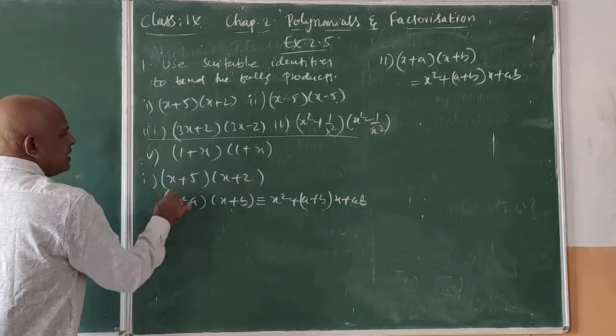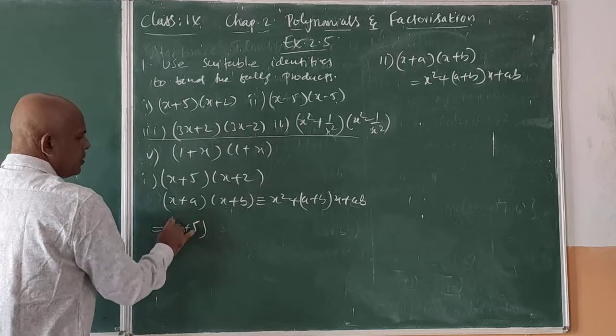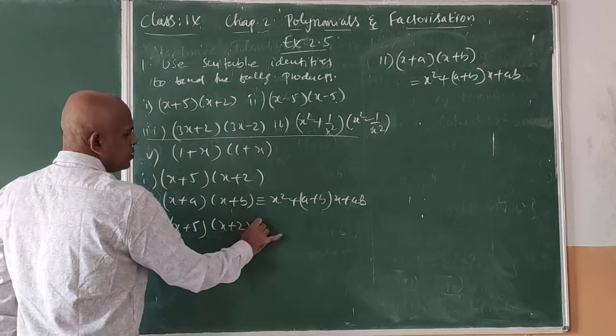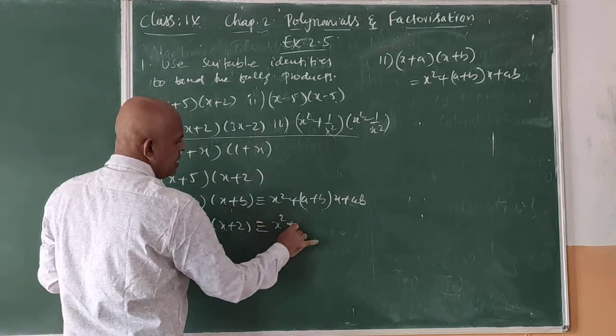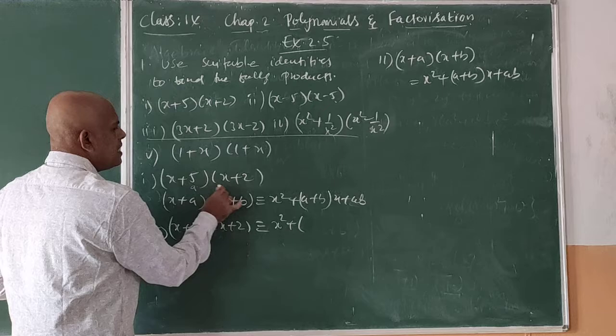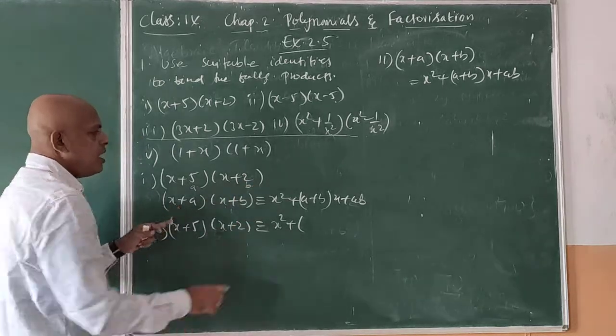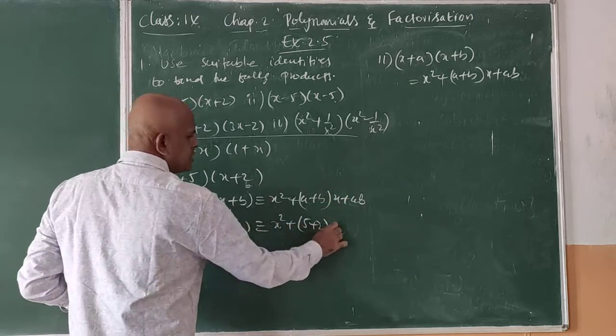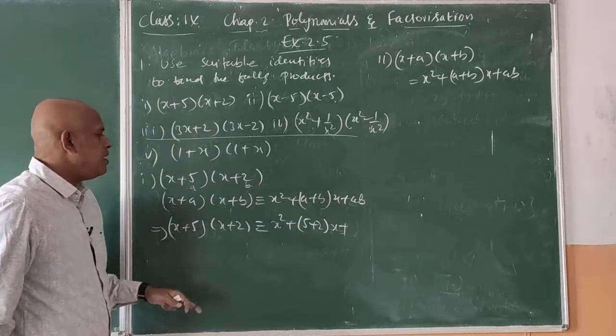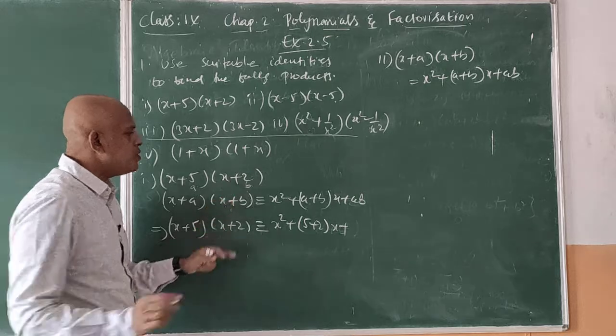So that implies x plus 5 into x plus 2 is equivalent to x square, since x means x here. Here a is 5 and b is 2. So a plus b means 5 plus 2, into x, plus ab. ab means a into b, here 5 into 2, 10.